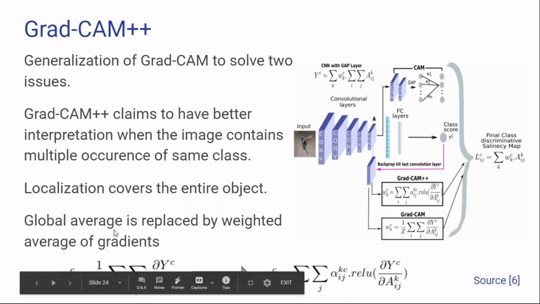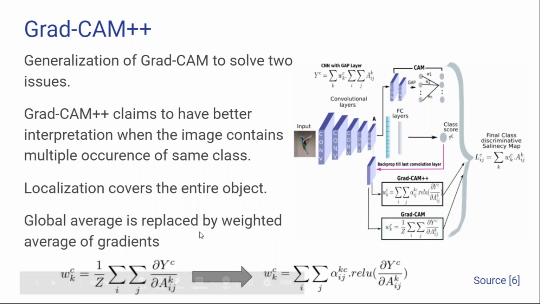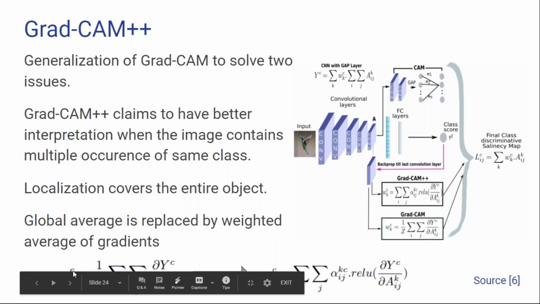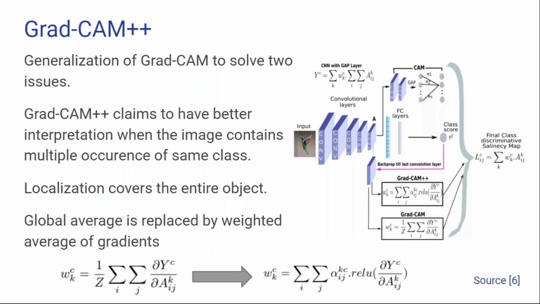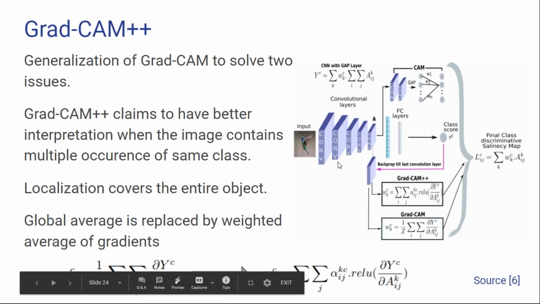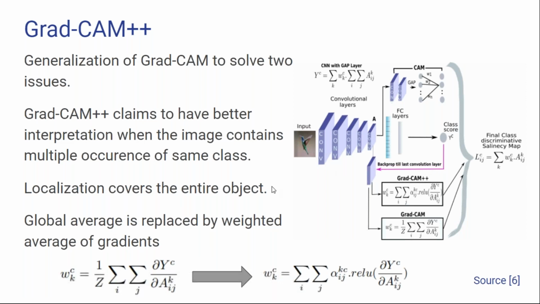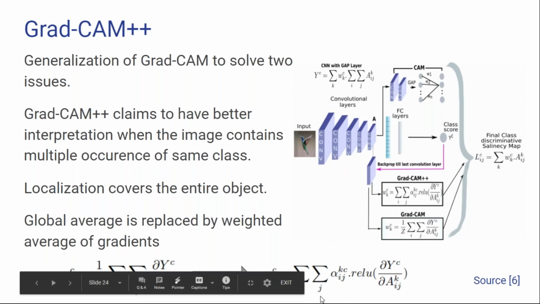How do they achieve that? They just replace this weight equation, which is a global average pooling in Grad-CAM, with a weighted average of the gradients. I actually tried this, and I have not noticed a very significant difference with Grad-CAM++.